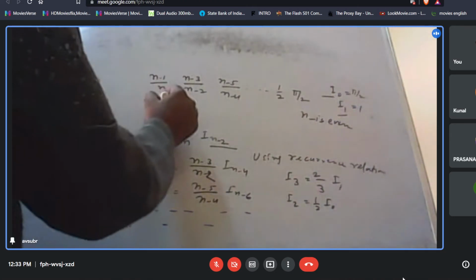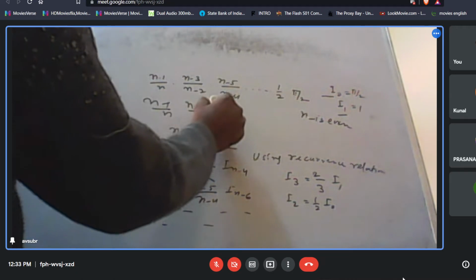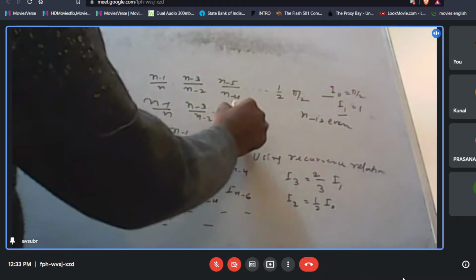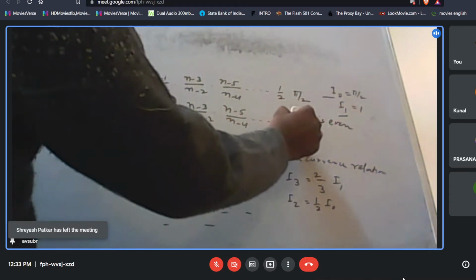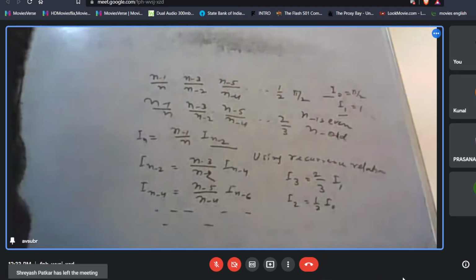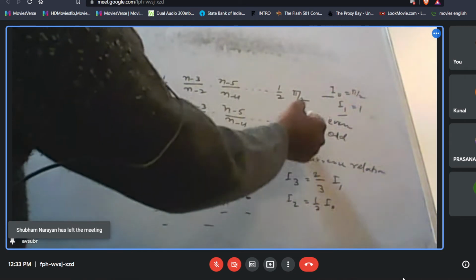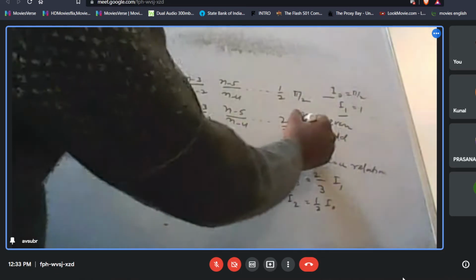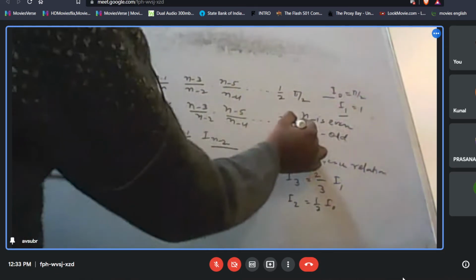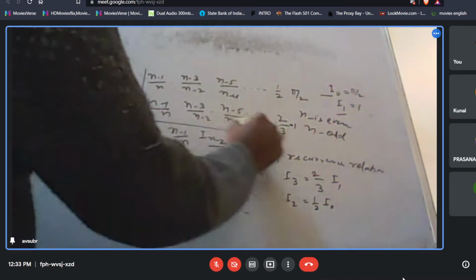The same thing I will get on the other side, only the difference will come at the end: that will be 2 by 3 when n is odd. I1 is 1, so multiplied by 1. So this is your Wallis formula.